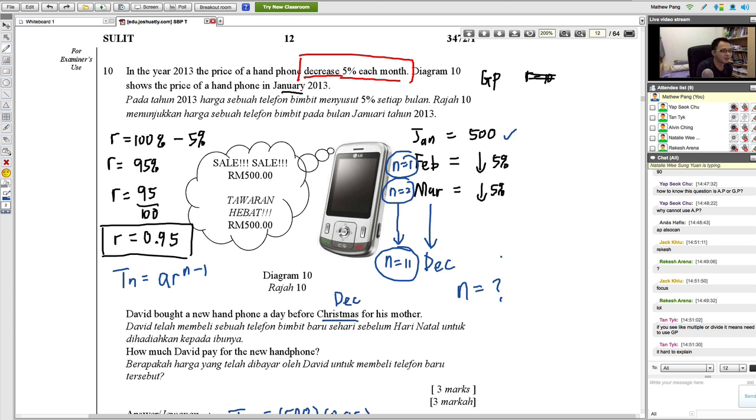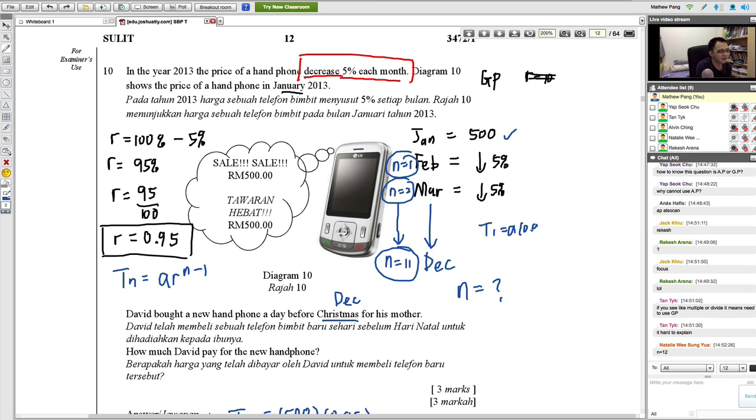So let me do some experiment. If t1 equals to a 0.95 power of 11, but it doesn't make sense if I call generally n equals to 1. Oh, because 1 minus 1 is 0. Yeah, then it's make a lot of sense now. Alright. Yeah, I think I do some mistake over here. Okay, because of what? Yeah, I'm going to show you this one.